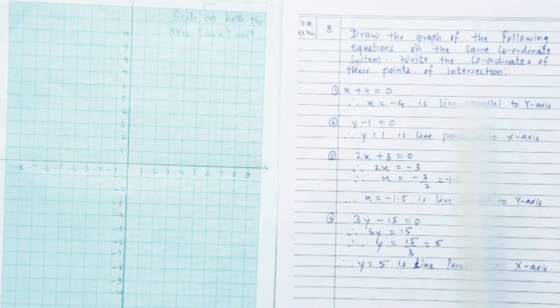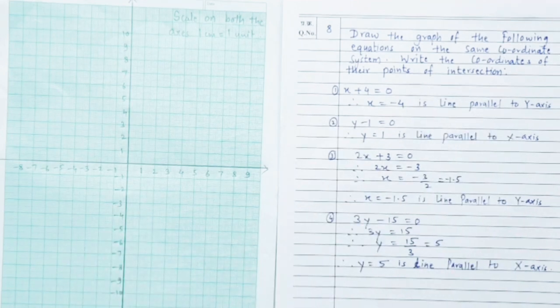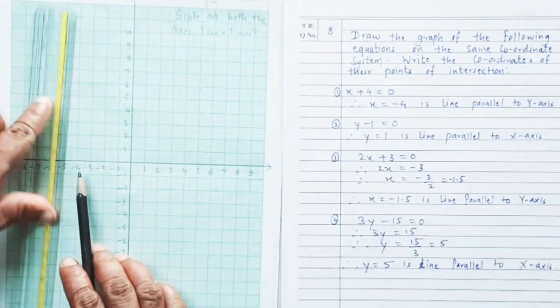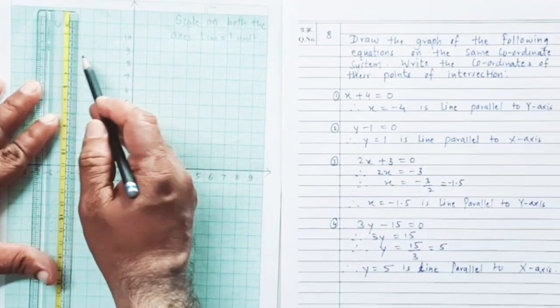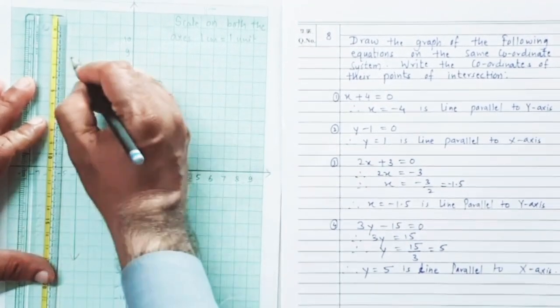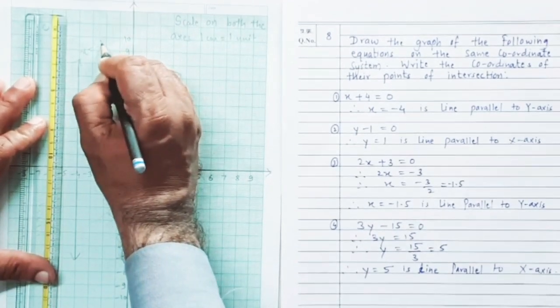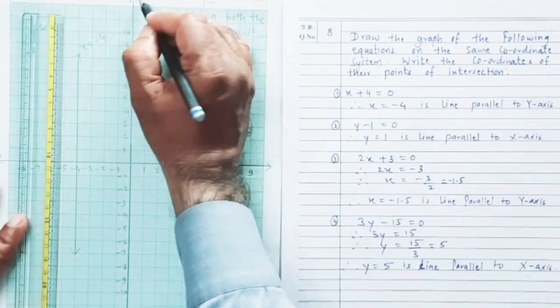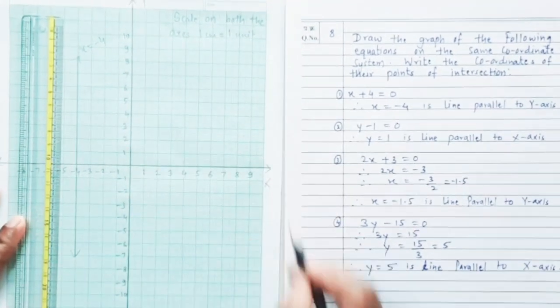It is a line parallel to the y-axis. So x is equal to minus 4 is the equation of a line which is parallel to the y-axis.